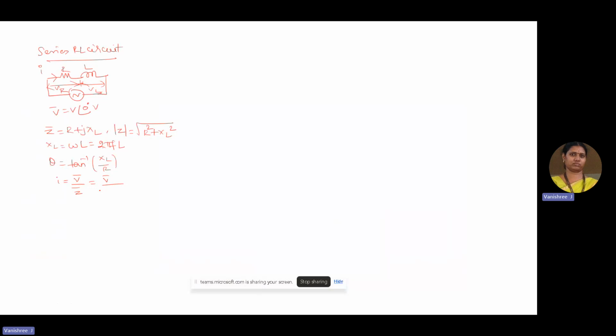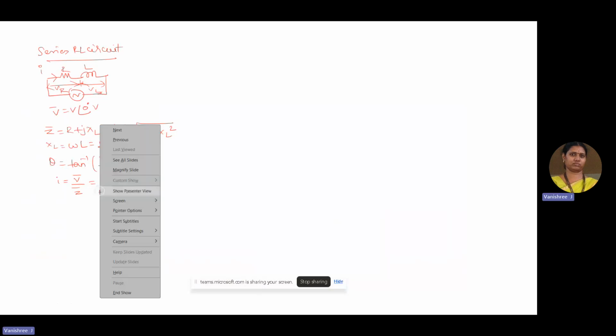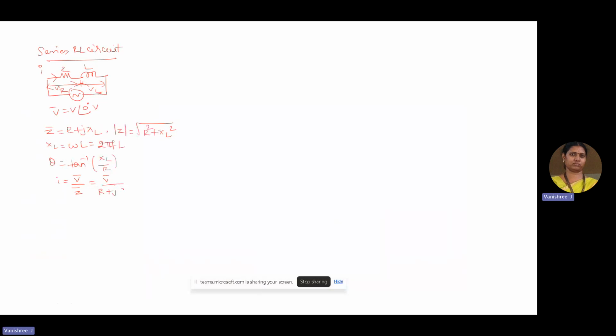That is V divided by R plus jXL, or magnitude of V by modulus of Z with an angle theta. Then, once we have determined the value of current, we can determine the individual element drops, that is VR, where VR is equal to I into R, and the drop across the inductor, VL, which is equal to I into XL.